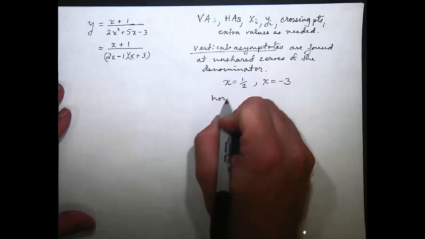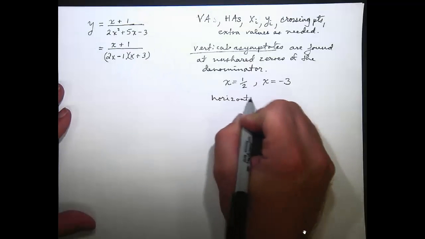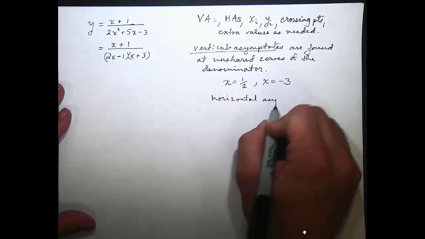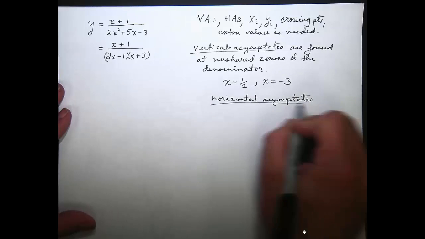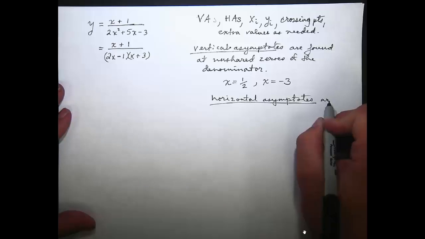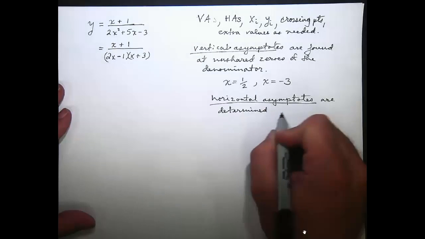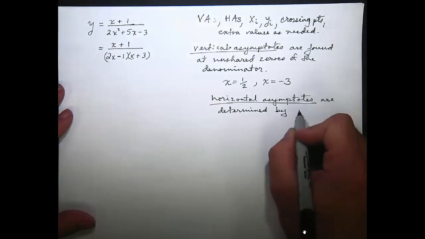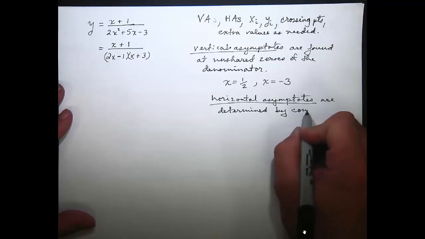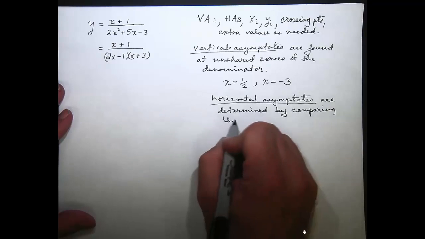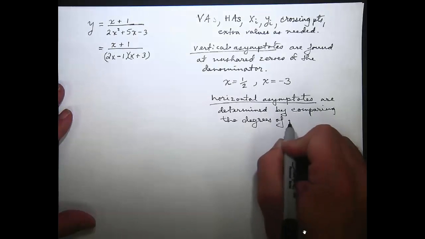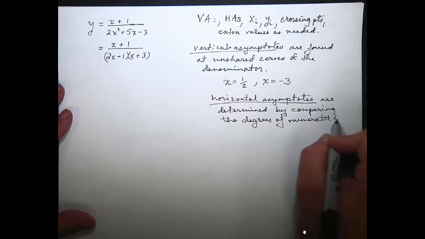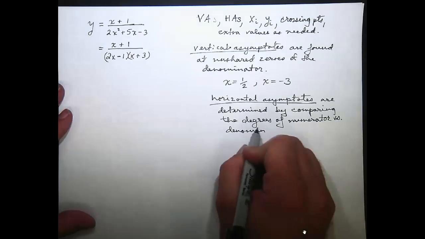Next, we're going to find the horizontal asymptotes. Horizontal asymptotes are determined by comparing the degrees of numerator versus denominator.